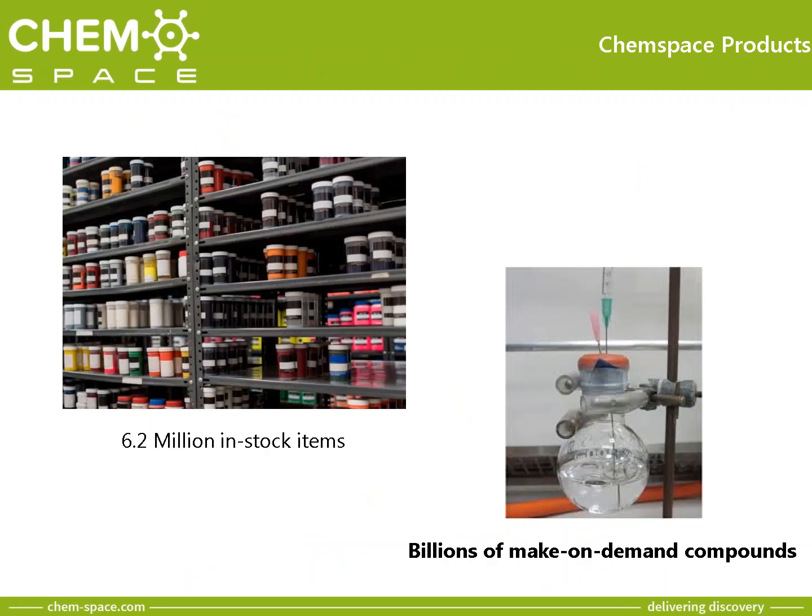Most of the compounds we have are in-stock items, which is over 6 million compounds, but most of the compounds we offer are actually made on demand, and those are billions of compounds.